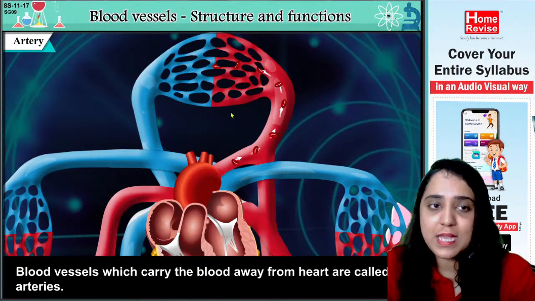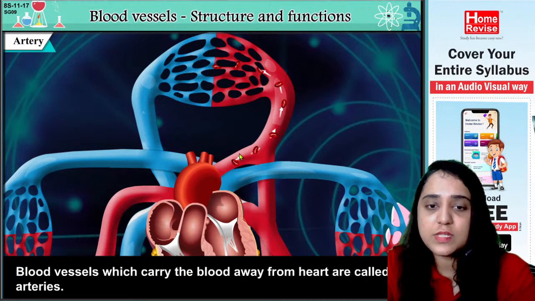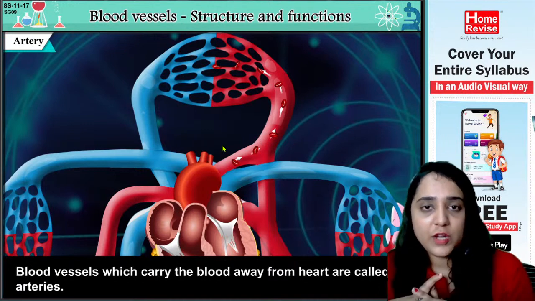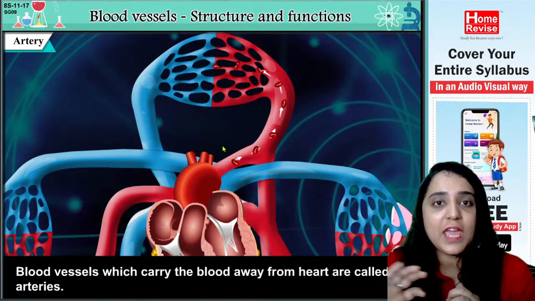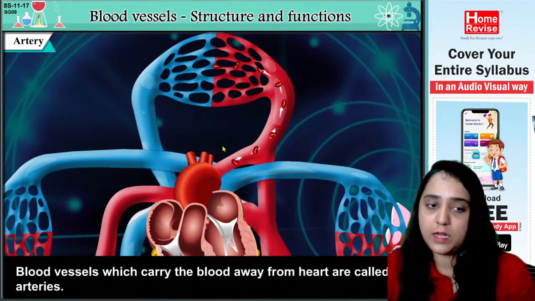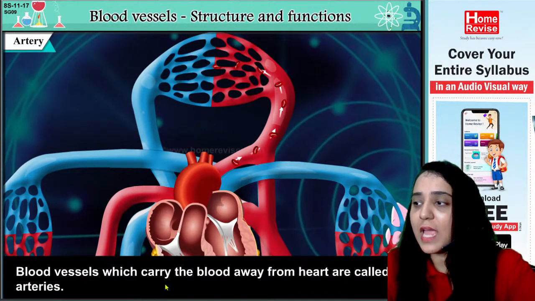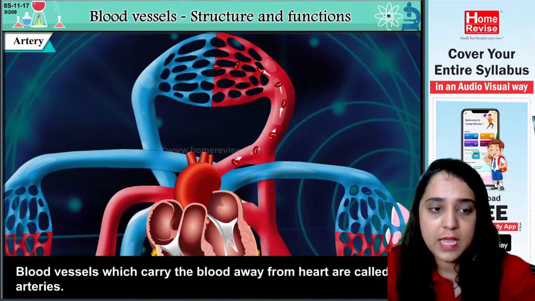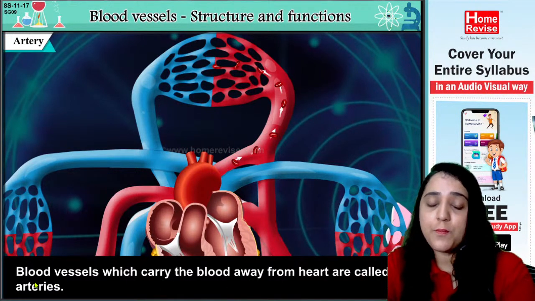Yes, the red ones are the arteries. Can you see? Basically, the arteries carry the blood away from the heart. The blood vessels which carry the blood away from the heart are called arteries. Again I repeat, this is very important.